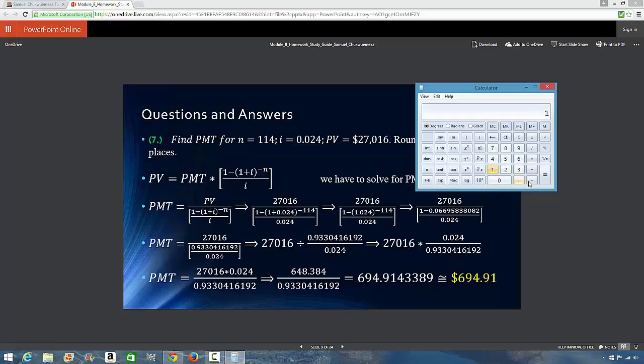So I will do 1 plus 0.024 equal to, then x raised to power y, I raise it to negative 114: 114, plus minus, negative 114 equal to. So that gave you this. See that? And let me save this in memory. Then I do 1 minus recall memory equal to, that gives you this.